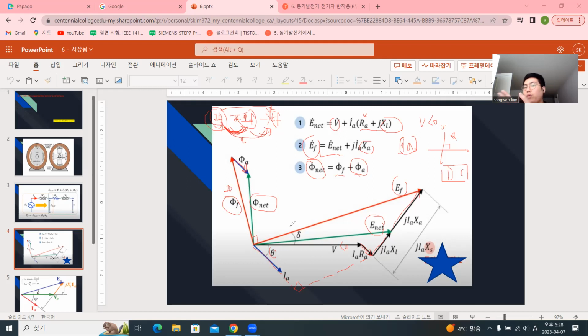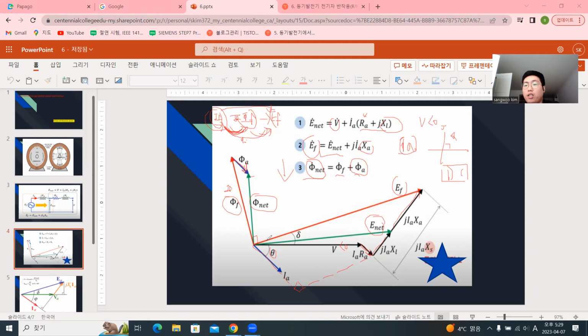The result is that Φnet is going to be smaller when we add these two. The distance between these two lines is smaller than IF. That's why we say that in the inductive load, it causes a decrease.